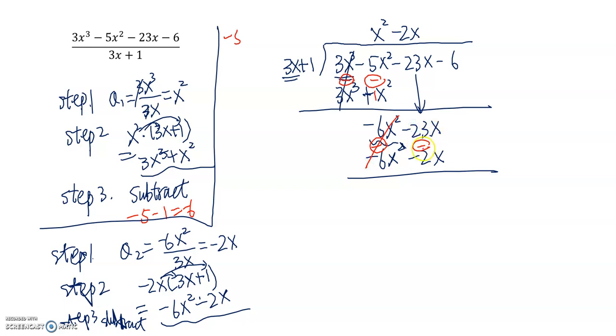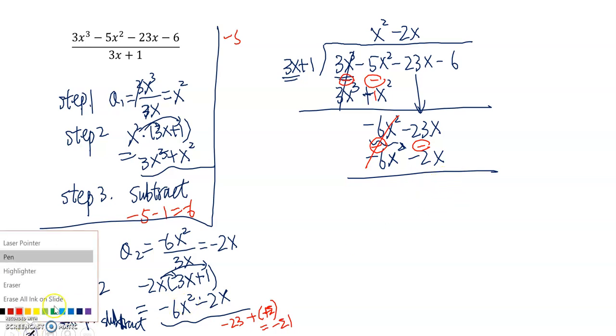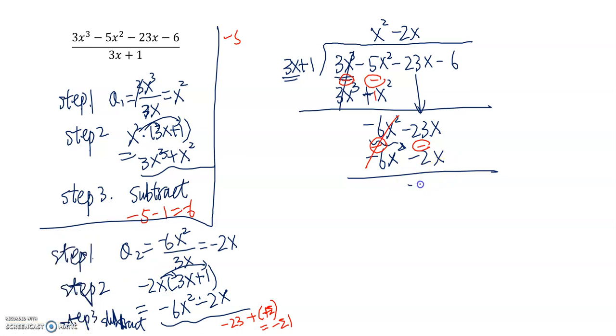And -23 minus -2, keep, change. So that gives us -23 plus 2, that's -21. So we are going to get -21x. All right, so the last term, let's bring down -6 and repeat the process again.